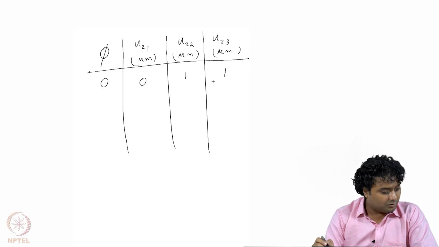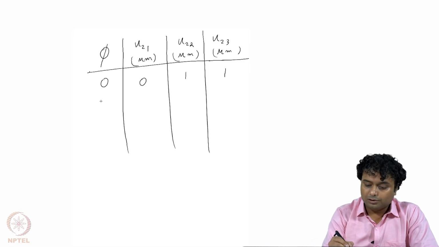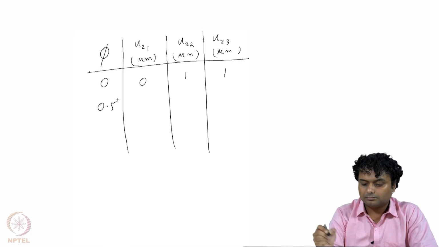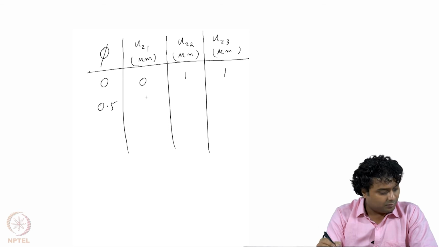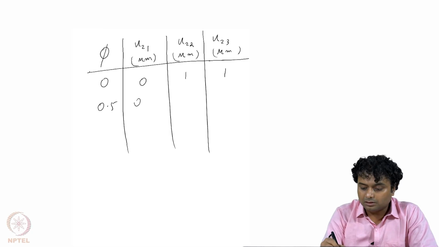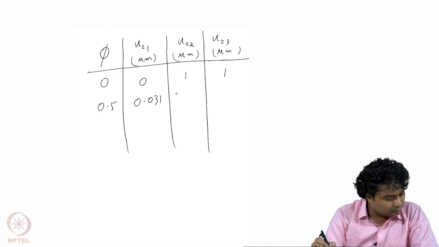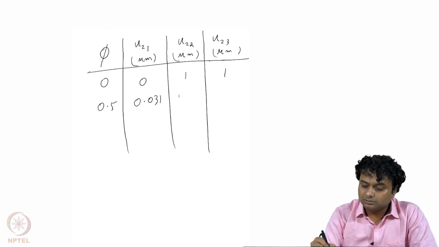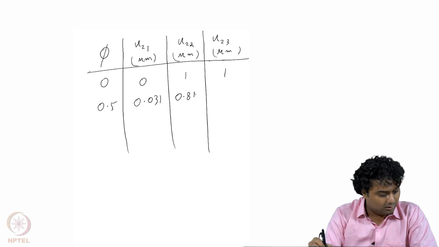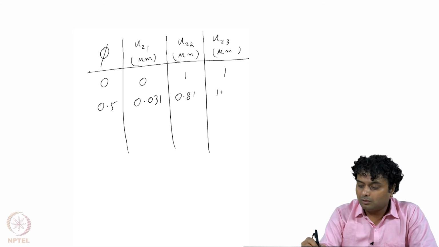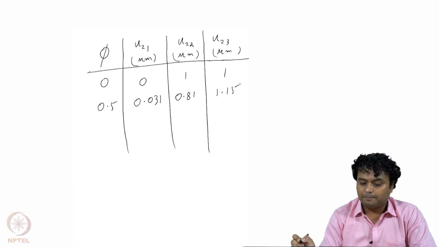Now what happens for 0.5 volt? For 0.5 volt, the roots will be 0.031, 0.81 and 1.15.